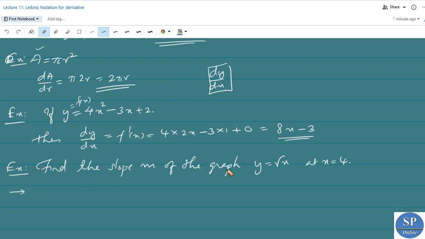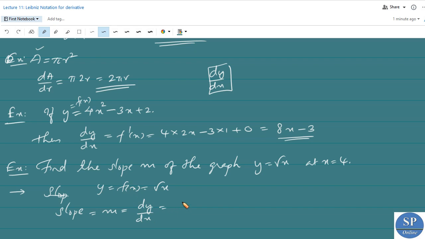We know for a graph of a function, the slope is nothing but the derivative. So we have y equals f of x equals square root of x. Therefore the slope m is equal to dy by dx, or f dash of x.